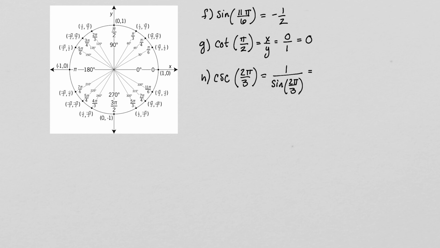And if you look up the 2 pi over 3, right, here's 2 pi over 3. The sine, remember, is the y value. So it's root 3 over 2. So this is going to be 1 over root 3 over 2. We're basically just flipping that root 3 over 2, so it's going to become 2 over root 3. Questions?